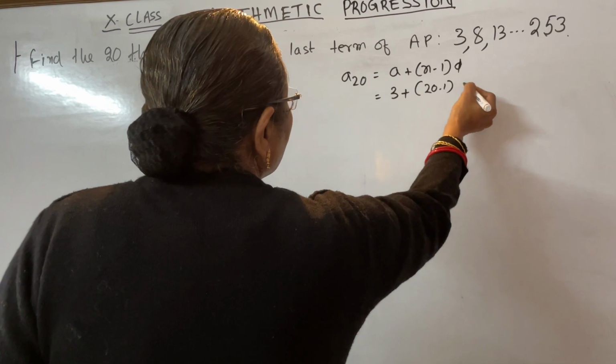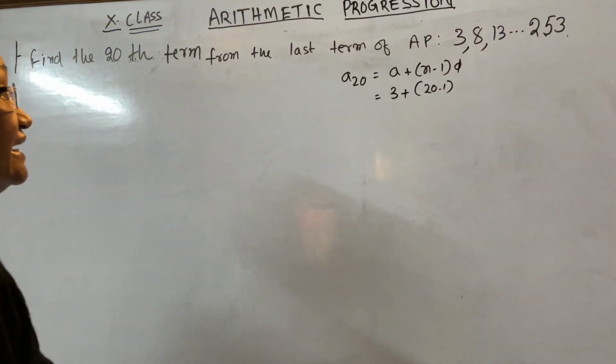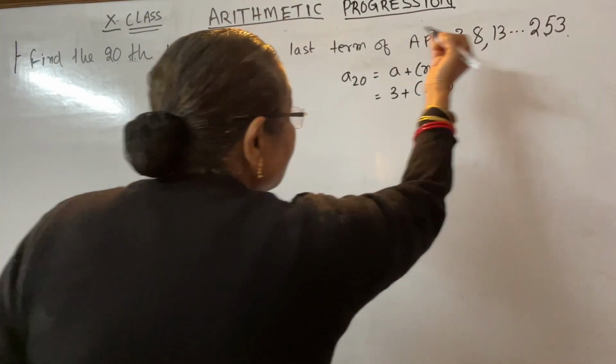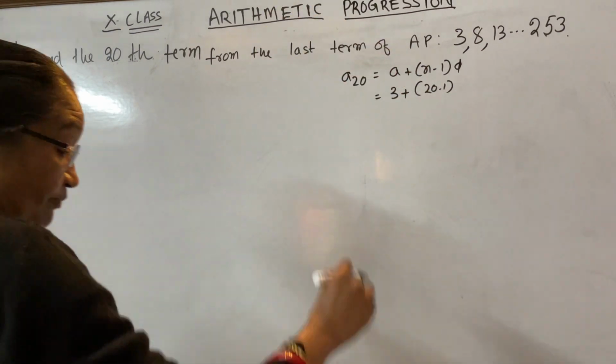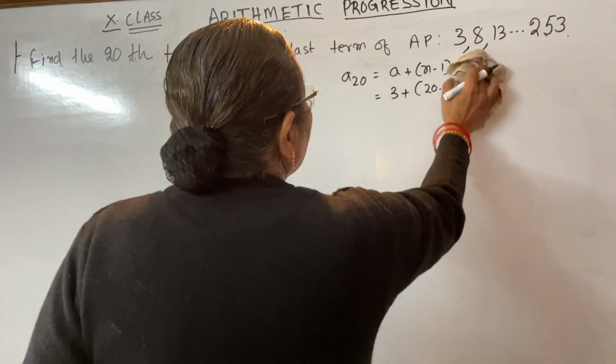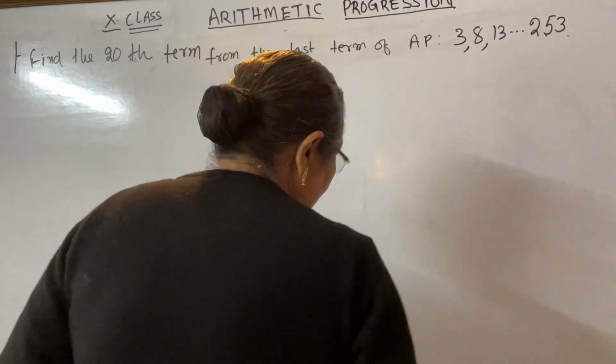D you will find out. You can calculate like this A20 from this side. But from that side, that one will become A1. So that is our last term.